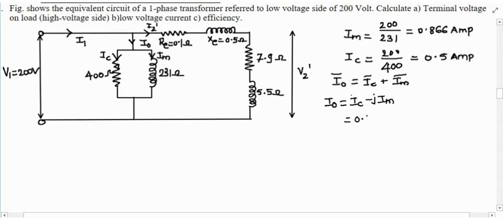So 0.5 minus J 0.866 ampere. Convert this into polar form. What I naught will you get? I naught you will get as 1 at an angle of minus 60 degree ampere.